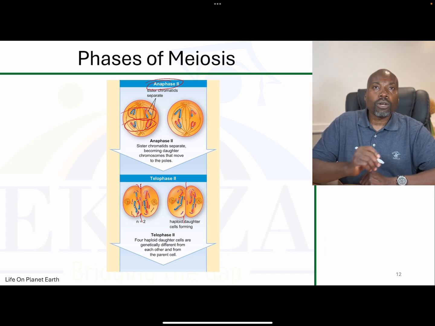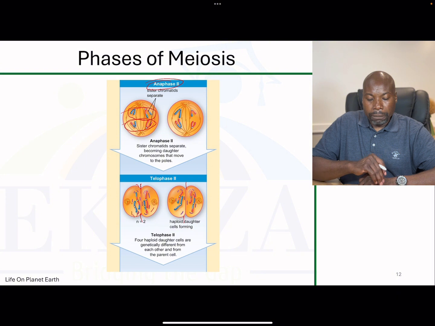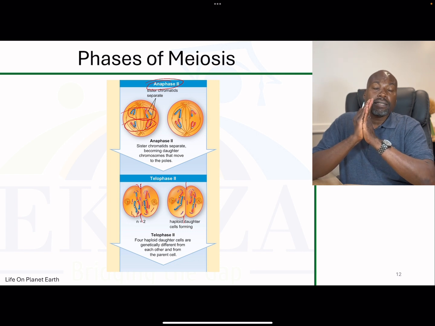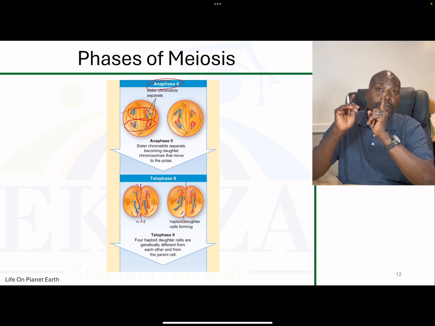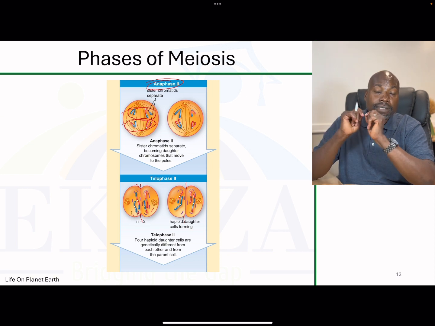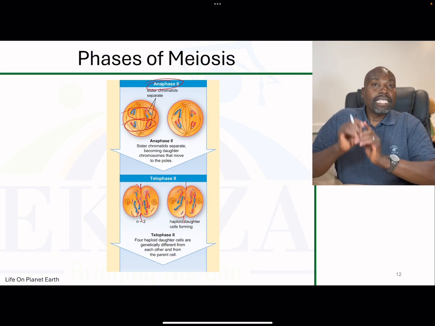And so we are going to have 4 daughter cells that are all going to be haploid. Right? Now, not only are these cells haploid, but very importantly, these cells are genetically different. Again, these cells are genetically different. Very important to remember.